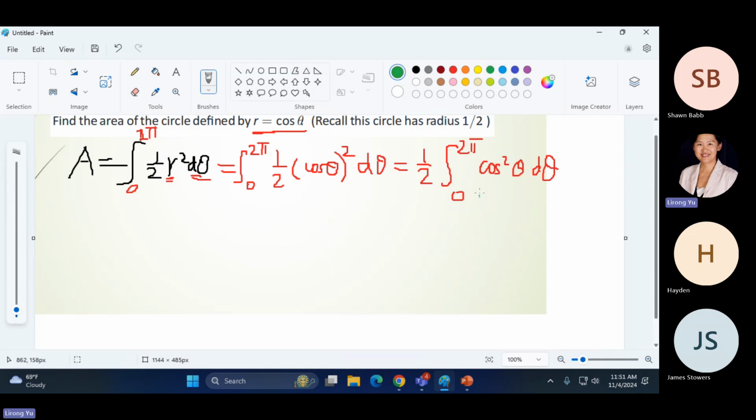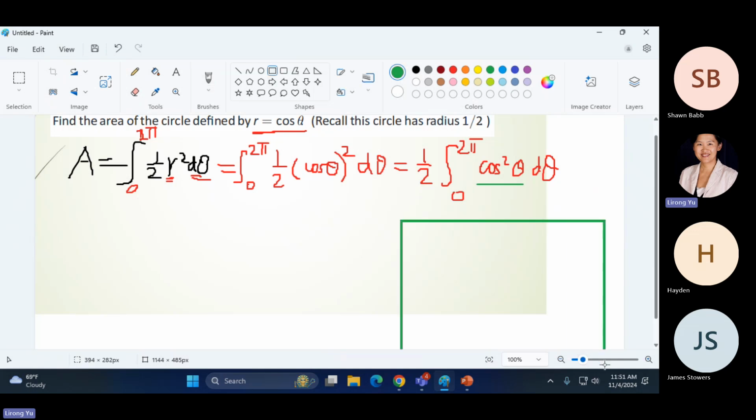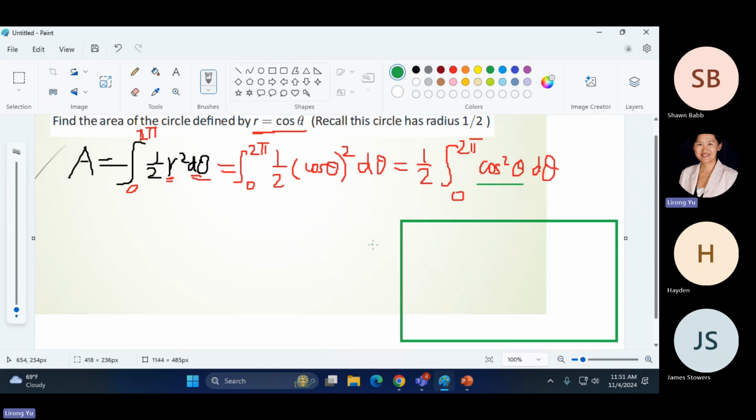According to the power reduction formula, cosine squared theta equals, let me write down the formula first, 1/2 plus 1/2 cosine 2 theta. If you write it this way, there's a square on the left and no more square on the right.